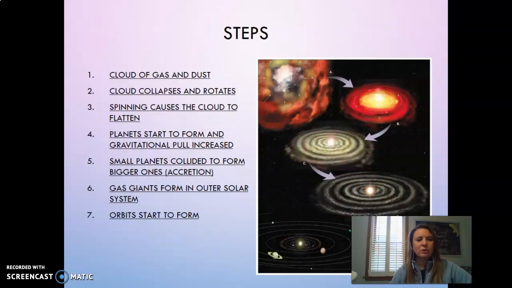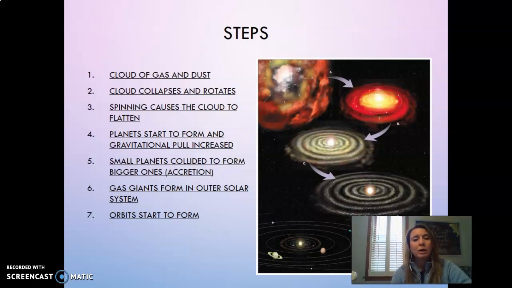And so these are the 7 steps of a nebula, and we're going to talk quite a bit about this, as well as I'm going to have you watch a video from Crash Course with it. But we start out with a nebula. The nebula starts to collapse and spin in on itself. That's our accretion. And those clumps of matter are going to run into each other, kind of think of like Play-Doh, and get bigger and bigger until they start to form small planets. And then those small planets are going to collide and form bigger planets.